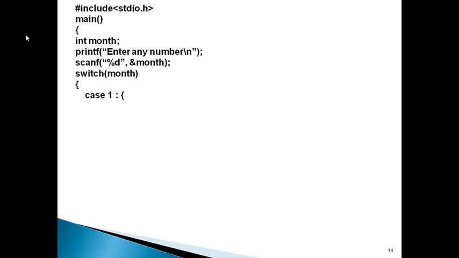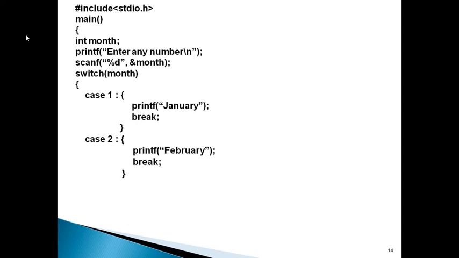Switch month. Case 1. If you entered case 1, then it prints January and break. Case 2, it prints February and breaks. Like that, you will write the program. At the end of the 12 cases, the default case handles the situation where the user entered any number other than 1 to 12.